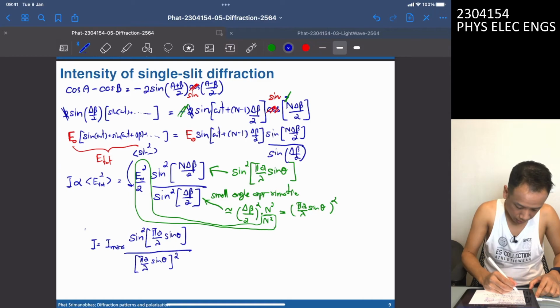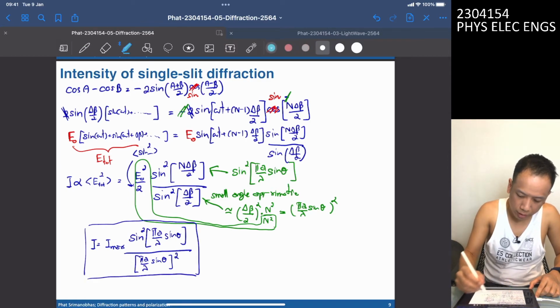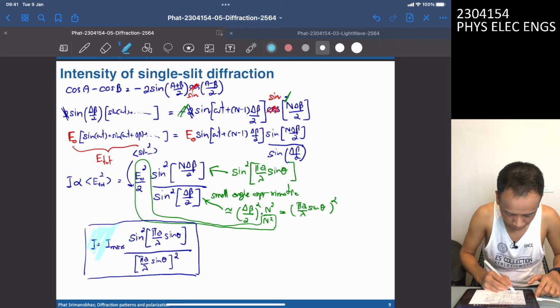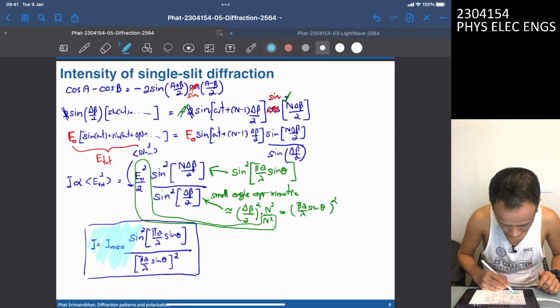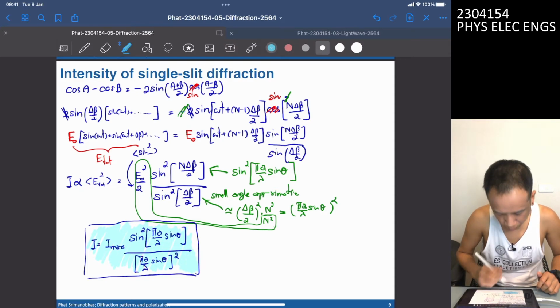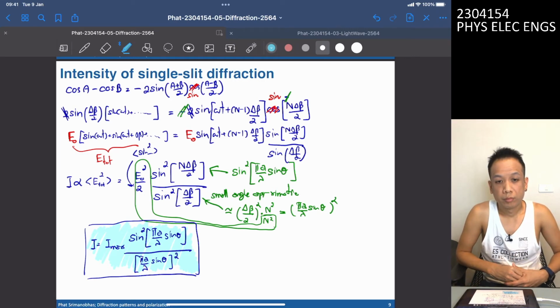So now you have the intensity of the diffraction.